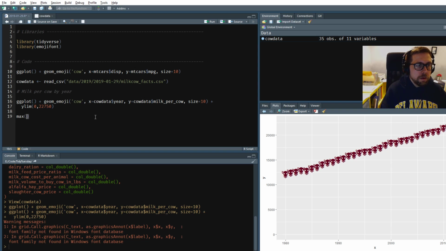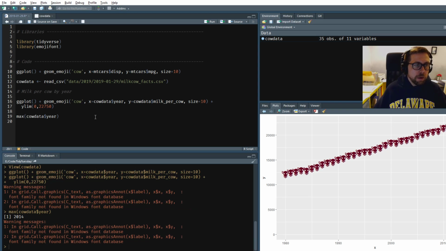Let's see what the last year is. 2014. Okay, so the data goes up to 2014. Sorry, we're getting a lot of warning messages. I think this is something to do with that emojifont package. Hopefully it's not too frustrating to parse through.